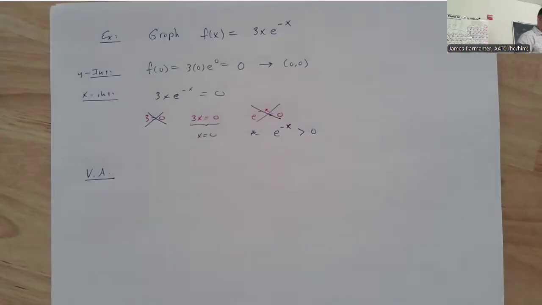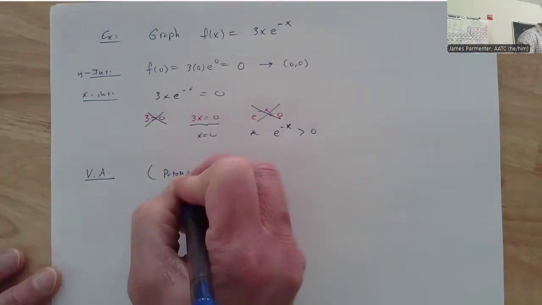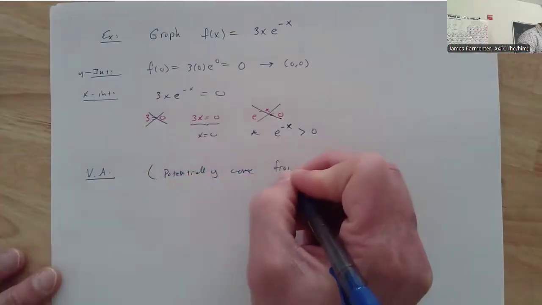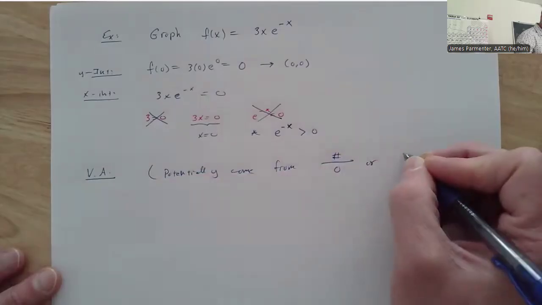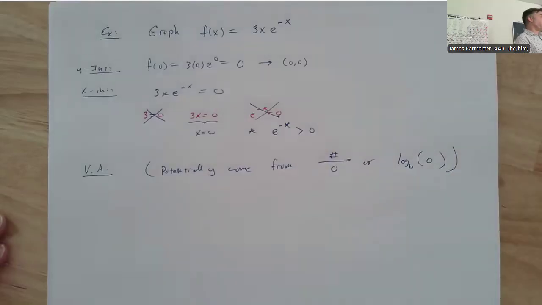So vertical asymptotes potentially come from something divided by 0 or the log of 0. That's really it, though. I'm going through my head now. Was there any other exception?